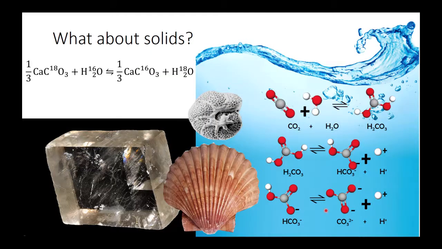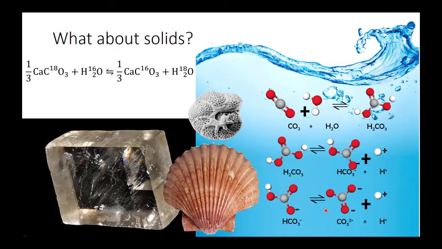But the problem with most of the isotope geochemistry done for geosciences is that the things that we measure are solids, because solids tend to survive very well in the geological record. So this is a little picture of a calcite rhomb, and you've also got some other things that are made of calcite that we might want to measure the isotopes in here.